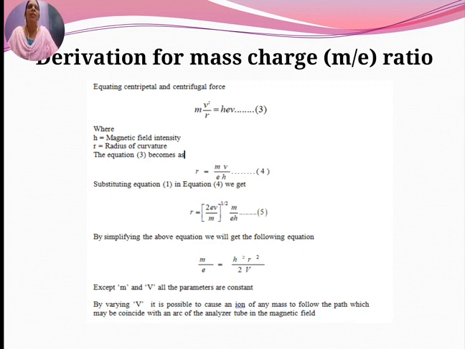Now you want to find the mass to charge ratio. Mass is m, charge is e. So from equation 5, you can simplify the equation and get the relation m by e is equal to H square r square by 2V, remember, it is capital V, where H is the magnetic field intensity, r is the radius of curvature, capital V is the accelerating voltage.